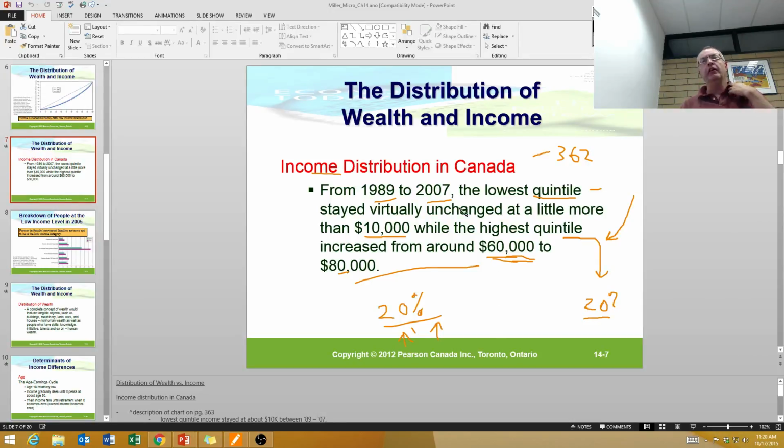So if during this period there was an increase in the number of dual income earners per family, and you're more likely to see that in the wealthier segment of the population than in the poor sector, then you have kind of a double whammy there. You've got the increasing incomes from two wage earners rather than just one.